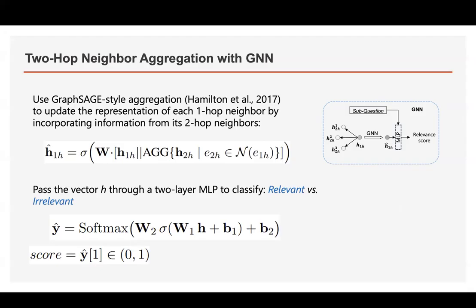So I concatenate the sub question and this representation, then pass it through a two-layer MLP. Finally, we get a score in the range 0 to 1. Then we select the top-k highest scores as the related entities. For this GNN, I directly use GraphSAGE to aggregate the information.